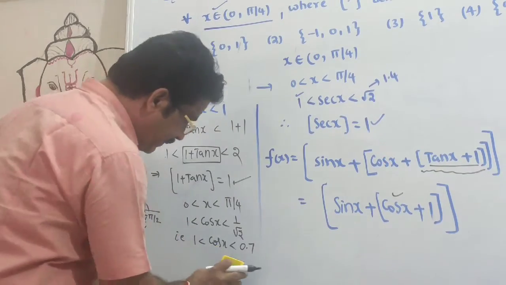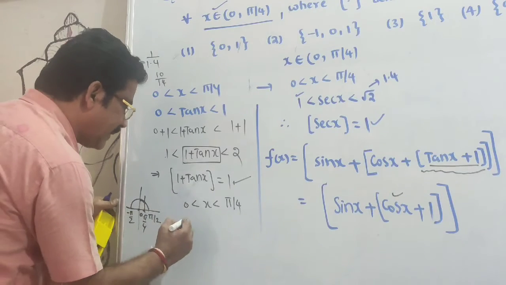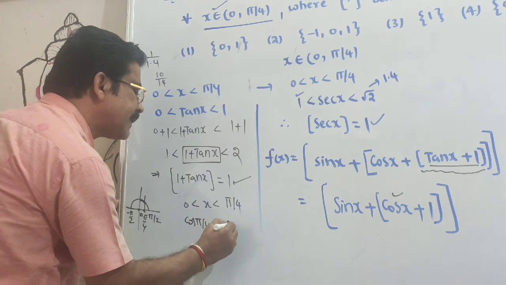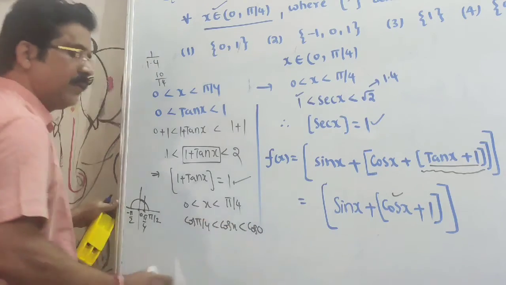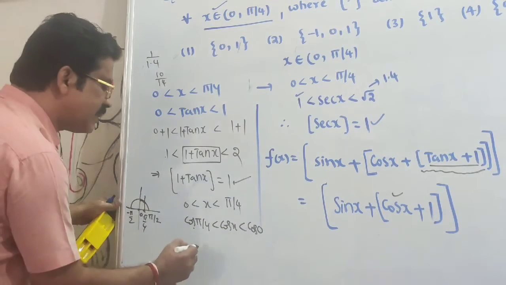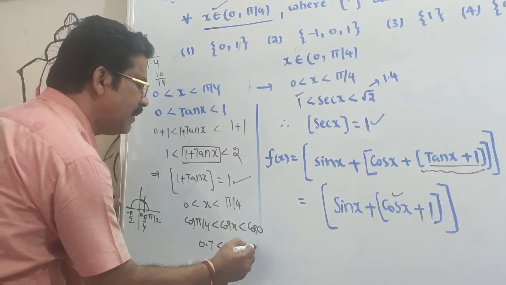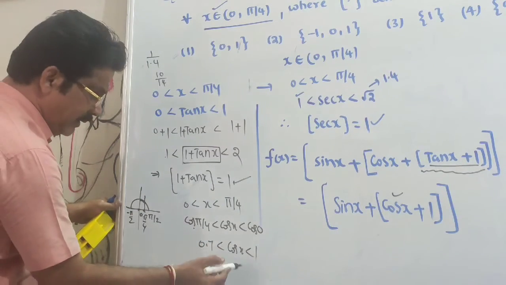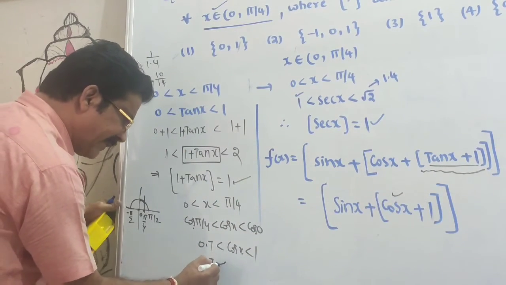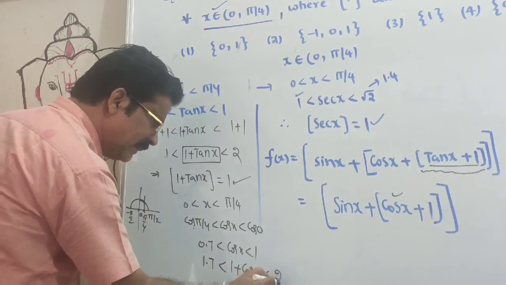That's why we have to write: cos pi by 4 less than cos x less than cos 0, that is 0.7 less than cos x less than 1. Next, add 1. So it is 1.7 less than 1 plus cos x less than 2.